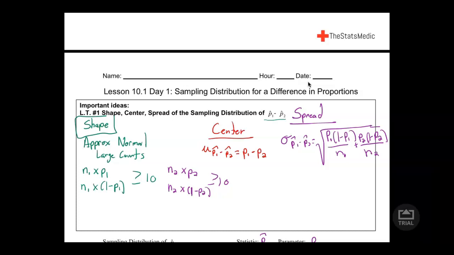Okay, now again, I said you can only use this when the random samples or the random assignments are independent of each other.